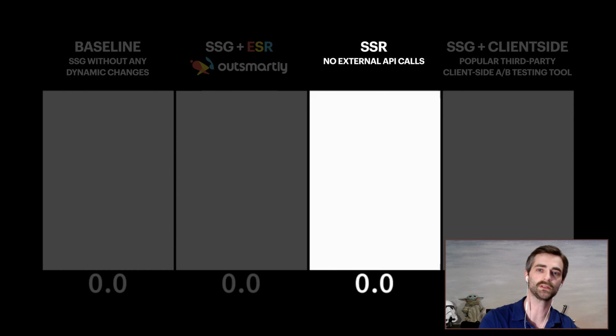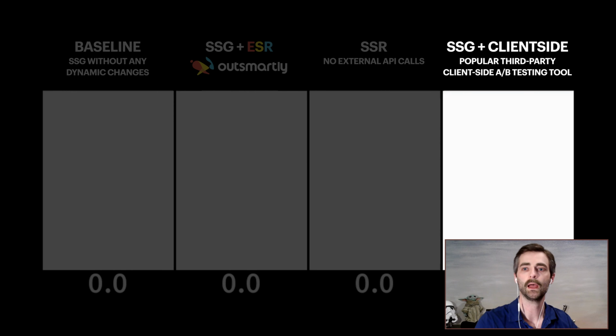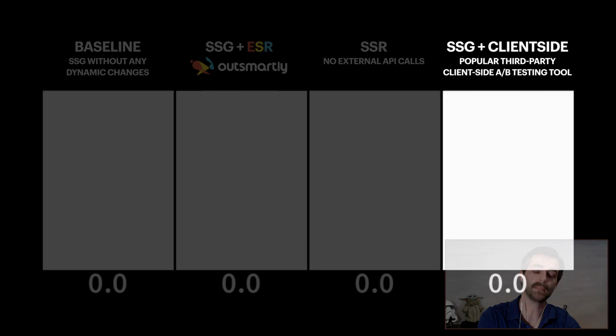And I want to note that this is not using external API calls, so it caches any API calls that it would otherwise need. If you needed to actually make API calls during the request itself, it would be slower, obviously. And then we've got static site generation with client side, which is what the vast majority of people are doing today. And this is using just a popular third-party client-side tool integrated with Gatsby.